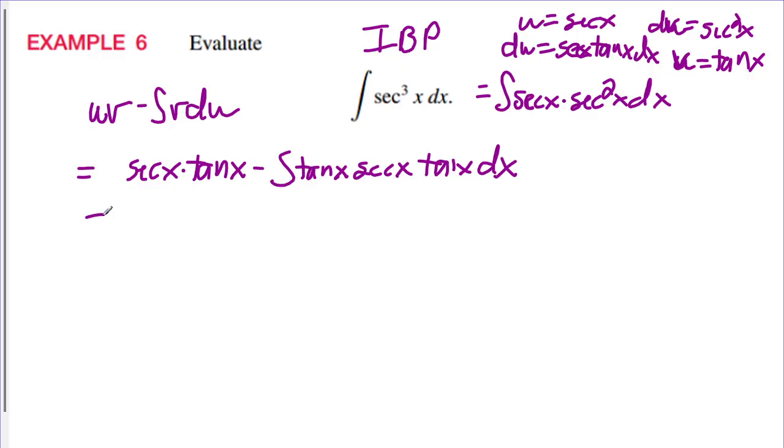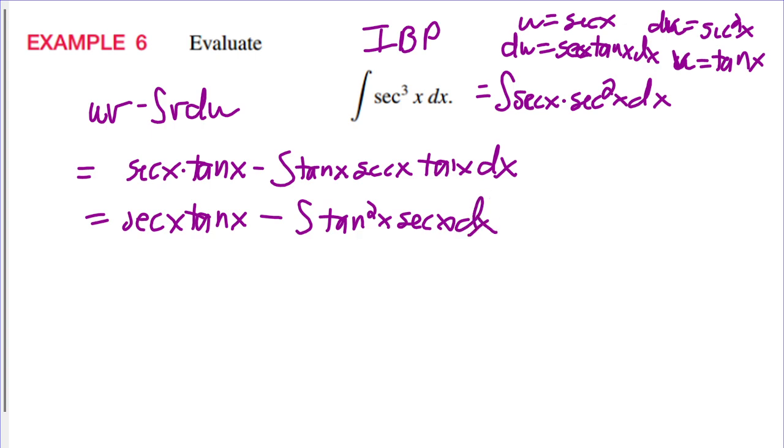We can simplify that to get secant of x tangent of x minus the integral, now we get a tangent squared times secant of x dx.